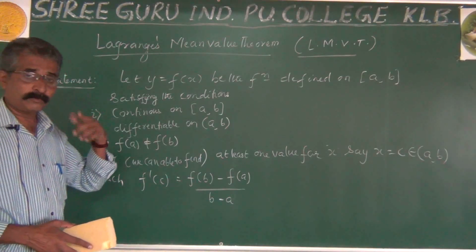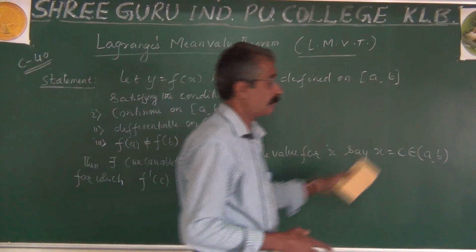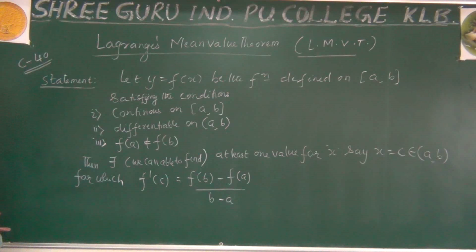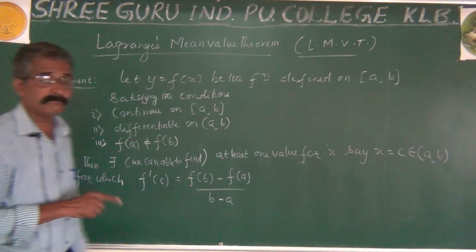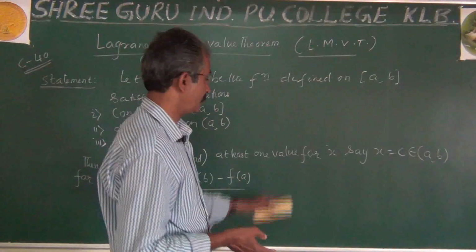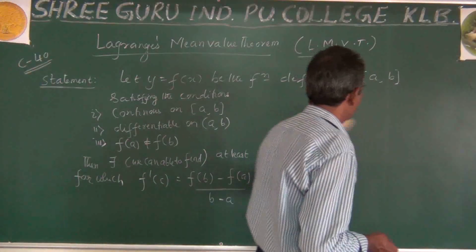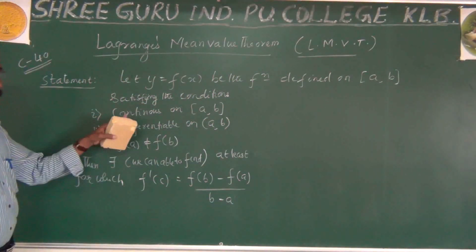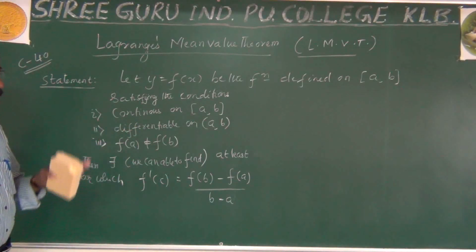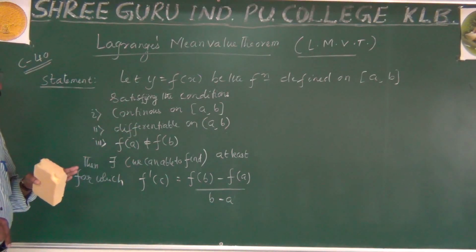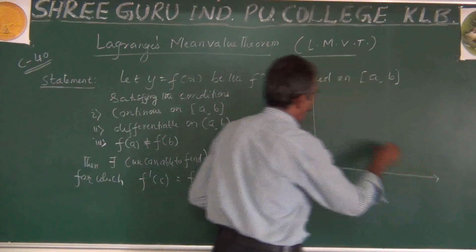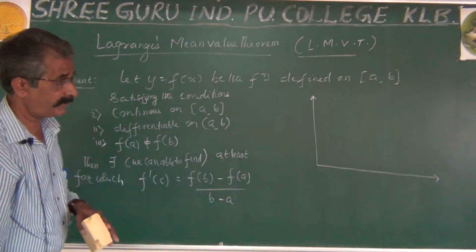In Rolle's theorem, geometrically we see that at point x equal to c there will be a tangent parallel to the x-axis. Let us see how the geometrical meaning can be described in Lagrange's theorem. Observe here. First condition, continuous, means the graph of the function is smooth, not having any break or gap in the interval a comma b.